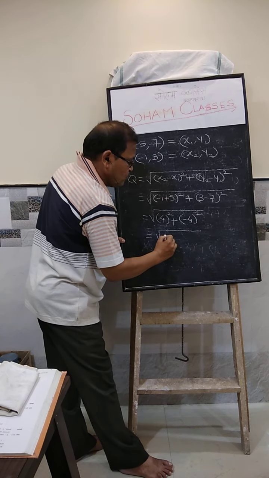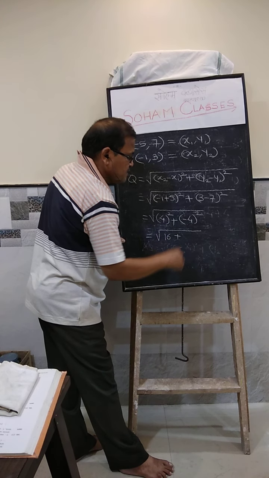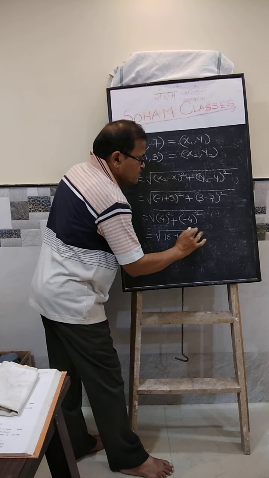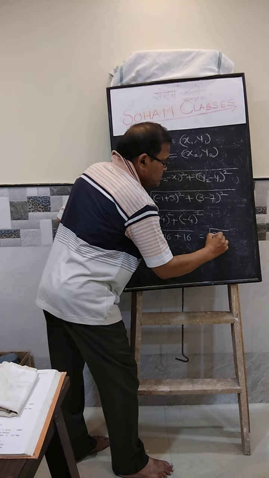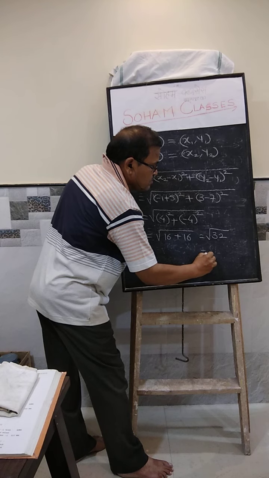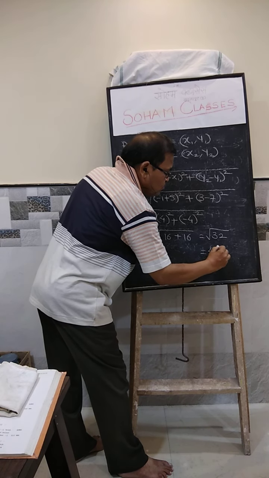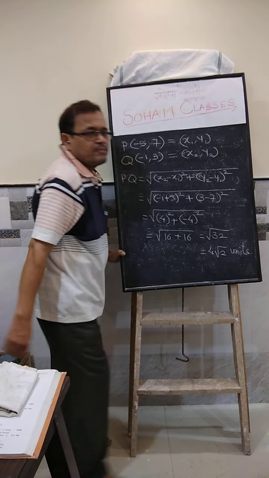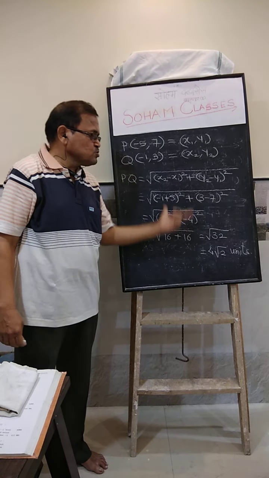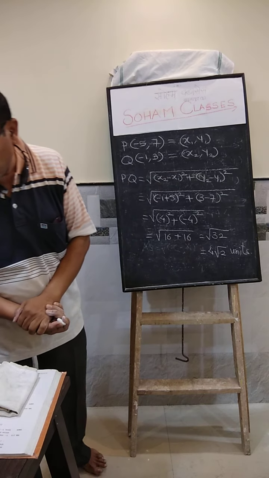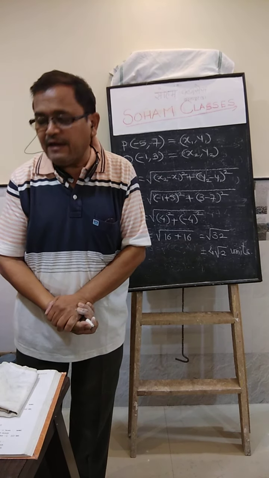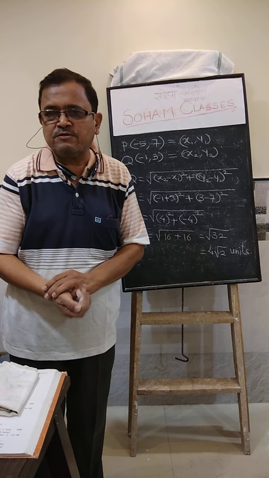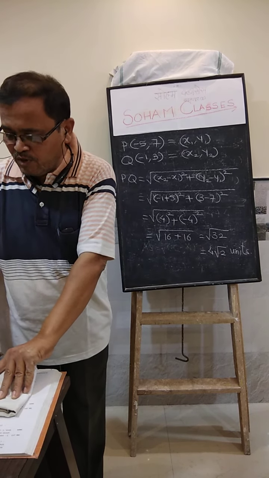So the square of 4 is 16 and the square of minus 4 is also 16. So we get under root 32, or 4 root 2 units. In the same way, you can find the distance between L and M, and you can solve the 4th, 5th and 6th examples in your homework.